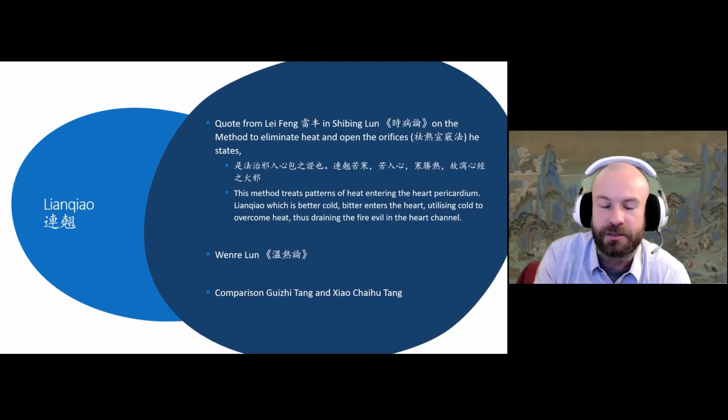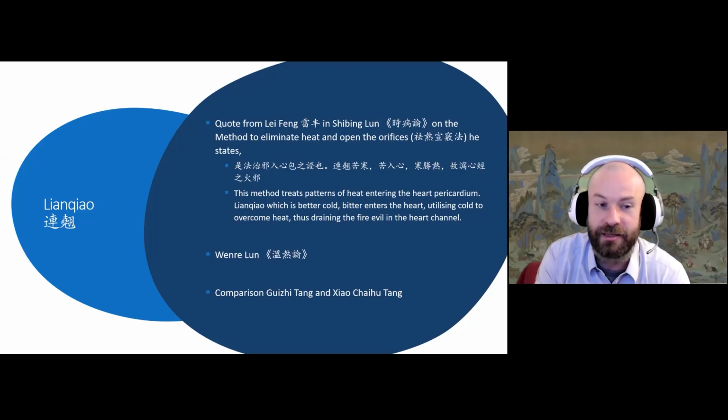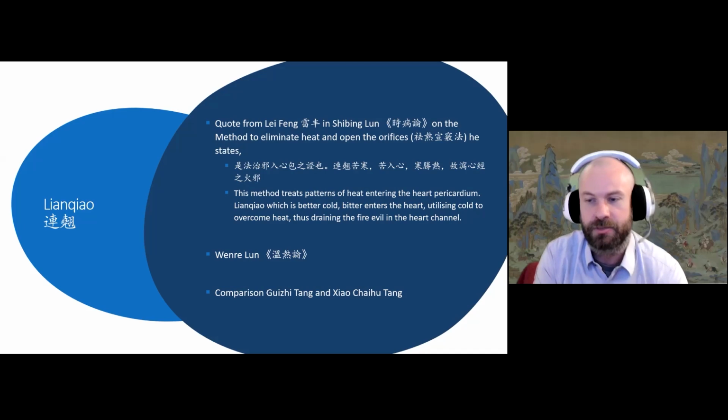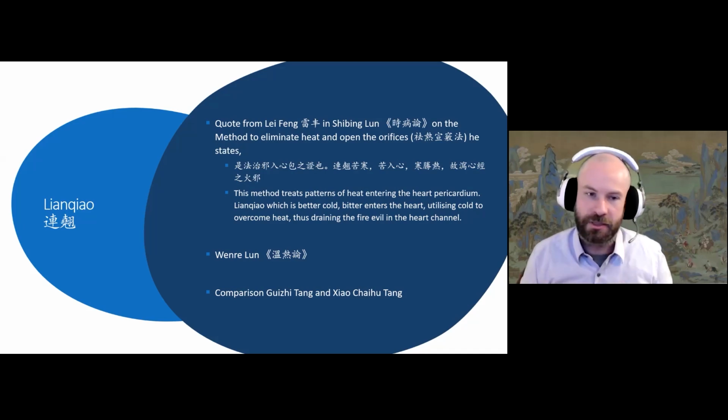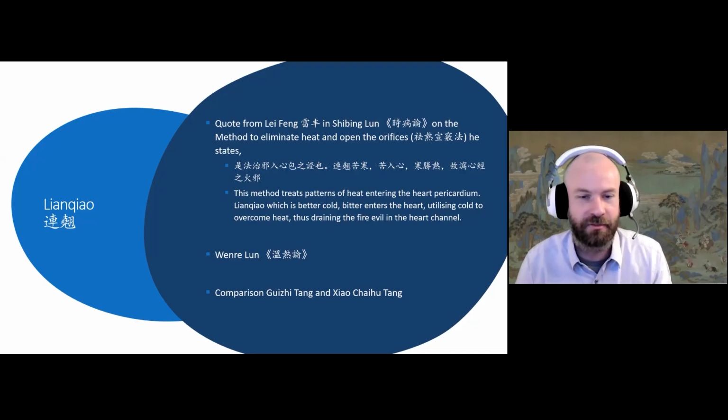So this makes me wonder whether Lianqiao is sometimes included in a way like Shengjiang, Dazao, Gancao are included in Wu Jutong and Xiaochaihu Tang, as a way of protecting against damage falling inwards, or to protect the heart from this counterflow heat coming inwards. Anyway, that's just a little theory of my own.